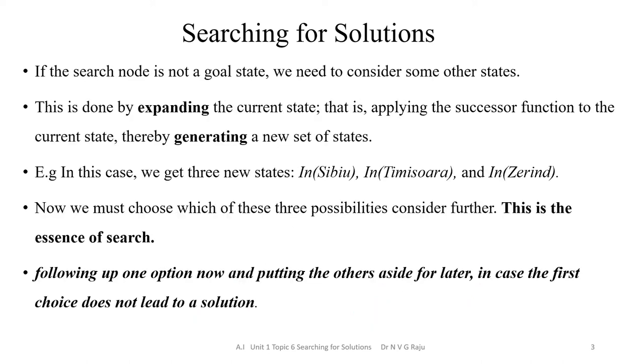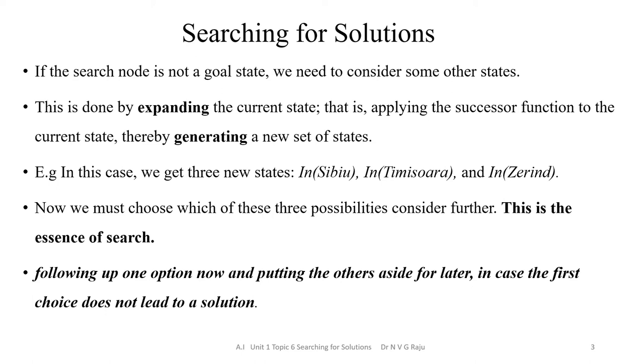If the search node is not a goal state, then we should consider some other states for searching solutions. This is done by expanding the current state, that is, applying a successor function to the current state, thereby generating a new set of states. For example, in our Romanian example, we can get three new states: in Sibiu, in Timisoara, and in Zerind.